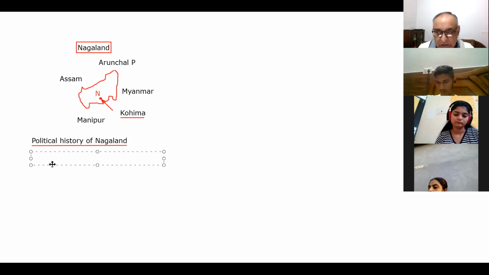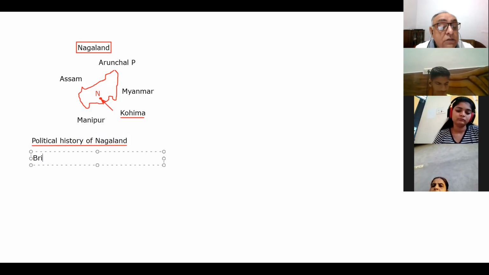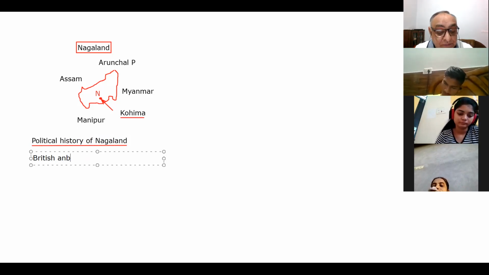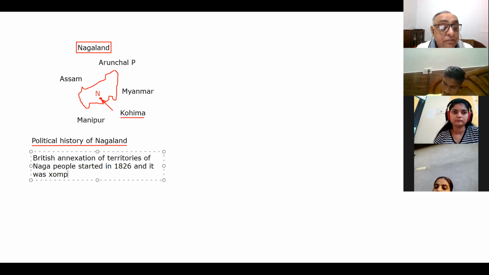the British occupation, or annexation, of the territories of the Naga people started in the year 1826, and it was completed in 1891.